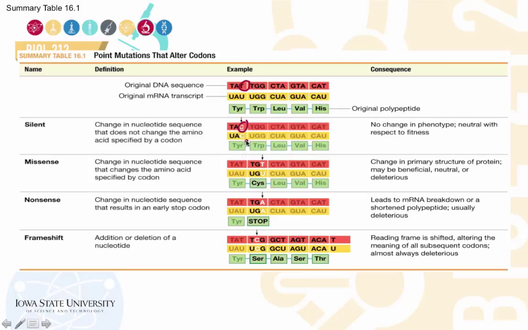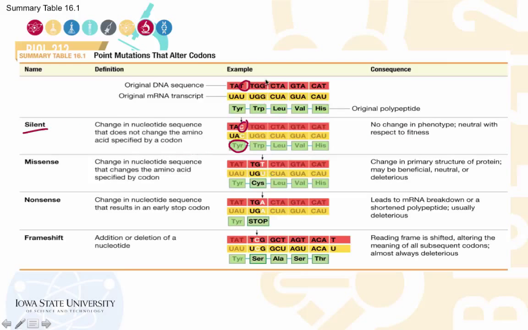In this case, since the codons UAU and UAC both code for the amino acid tyrosine, this mutation does not result in an amino acid change in the protein. Subsequently, there is no change in the phenotype, and this mutation is neutral with respect to fitness of the individual. These mutations are known as silent mutations.